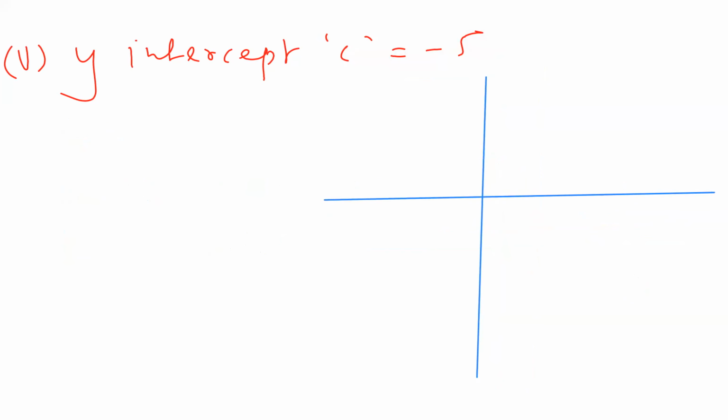X-axis and y-axis, C is negative, so the first possibility will be something like this. So this is line L. Just a second, guys.